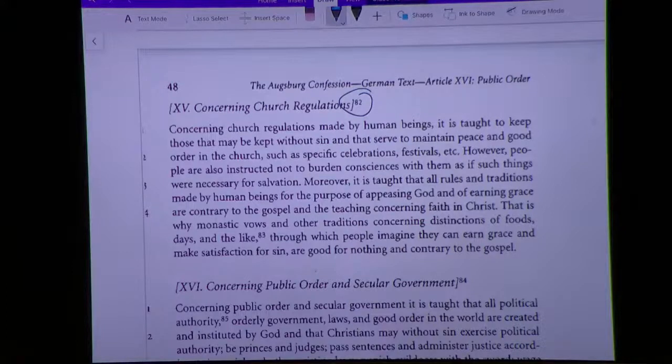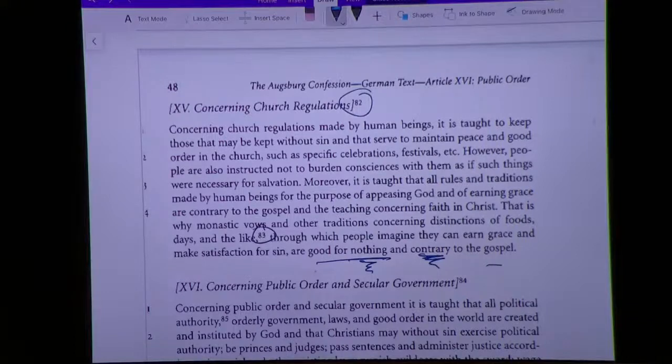Moreover, it is taught that all rules and traditions made by human beings for the purpose of appeasing God and of earning grace are contrary to the gospel and the teaching concerning faith in Christ. That is why monastic vows and other traditions concerning distinctions of foods, days, and the like, through which people imagine they can earn grace and make satisfaction for sin, are good for nothing and contrary to the gospel. It's pretty strong language. Good for nothing, contrary to the gospel.